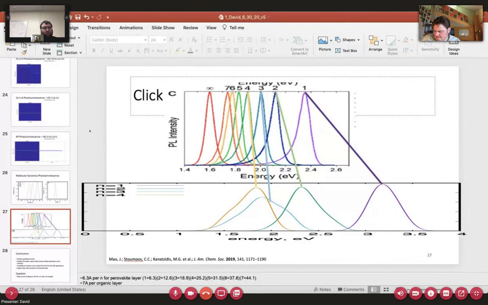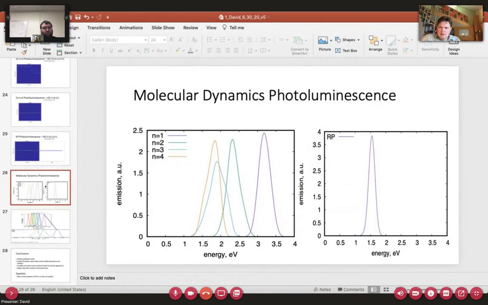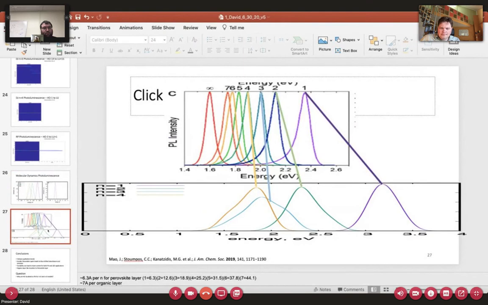I have a question. For your MDPL, I'm just focusing on the peak position. It is very much different from your density of states calculations. For the density of states calculations, the band gap for n=2 and n=3 is pretty close.